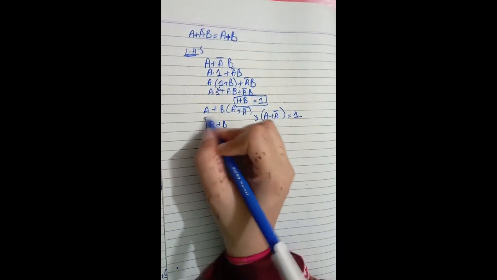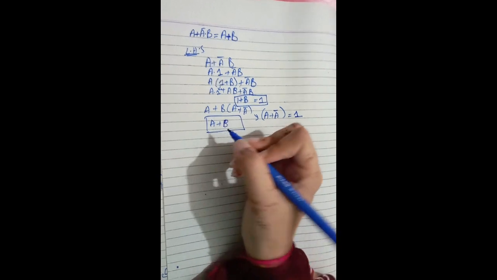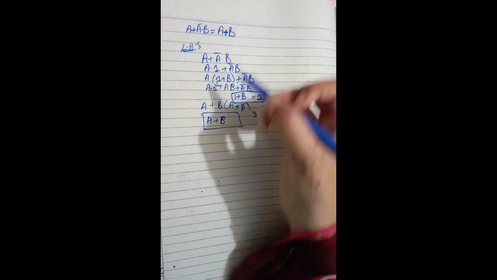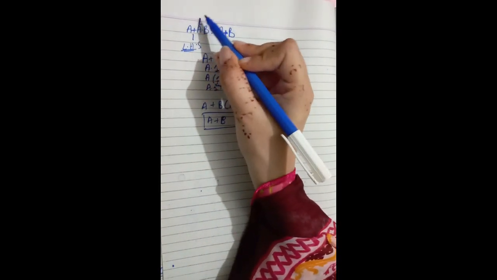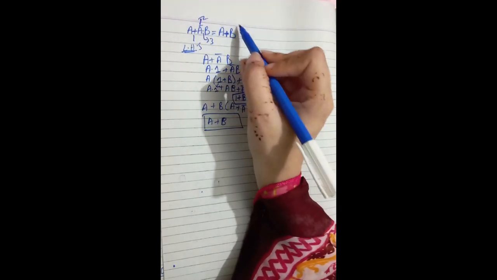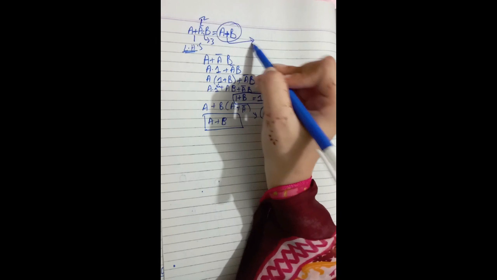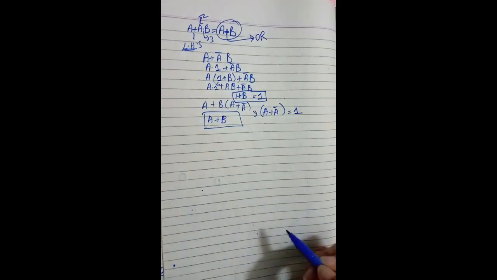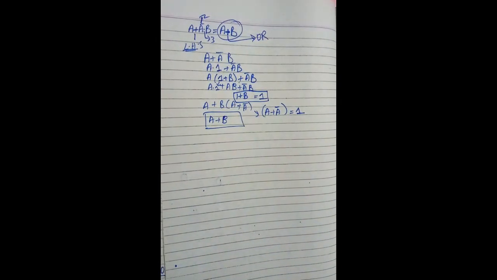So our final answer is A plus B, and this is how we use the postulates to convert three gates to simplify our expression to only one gate. This is where we use the postulates.